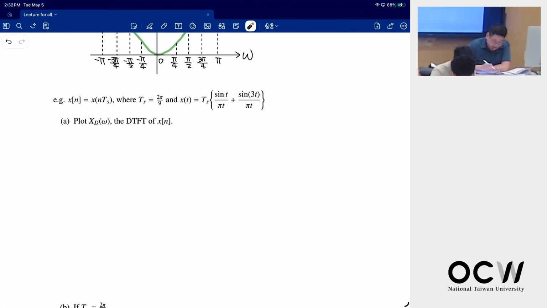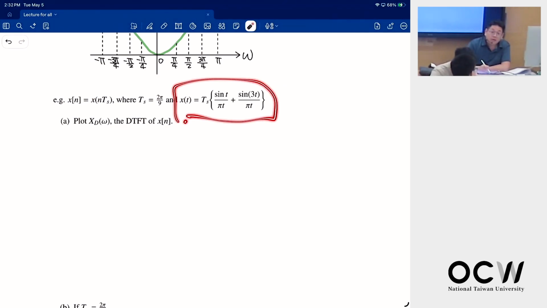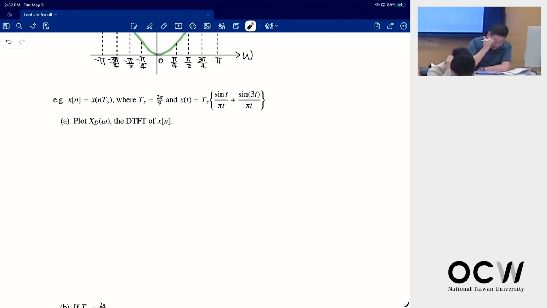First I need to plot the DTFT of this signal. To plot the DTFT, first we can plot the Fourier transform of this one, and then your omega times Ts will give your DTFT.